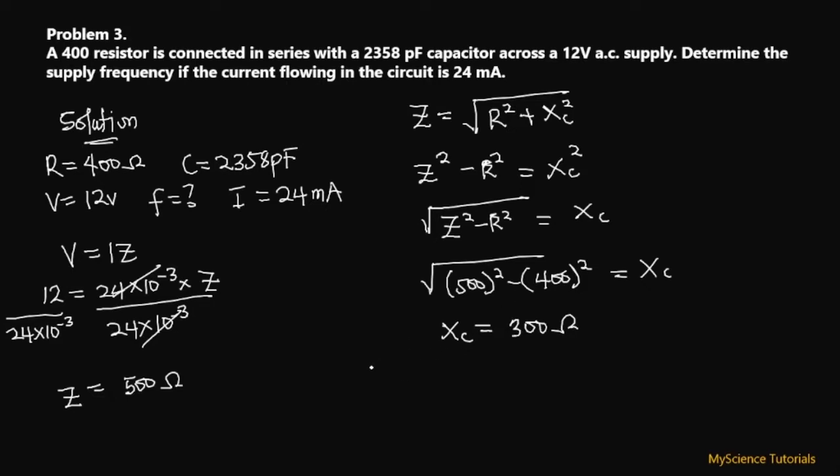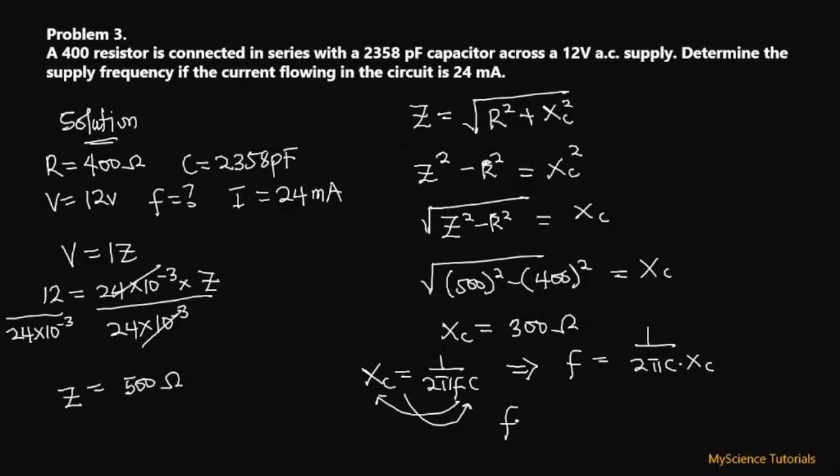But also from here, we know that our capacitive reactance is equal to 1 over 2 pi fC. But we are looking for the frequency over here. So if we make the frequency the subject, we interchange the position of the frequency and the Xc. So we have our frequency equal to 1 over 2 pi C multiplied by Xc.